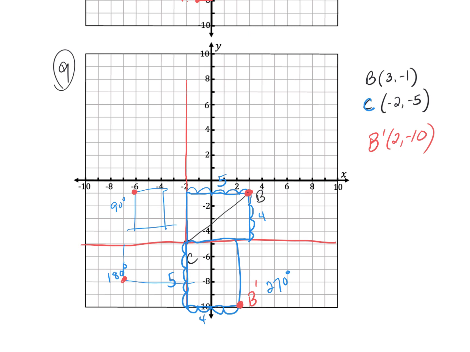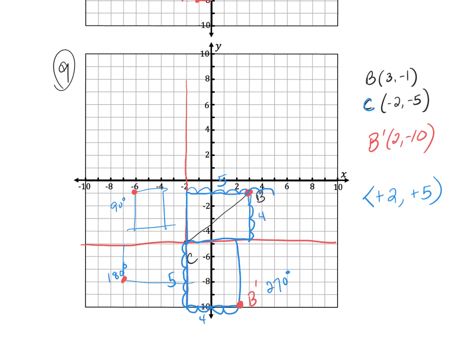And what we have to do is translate point B by (+2, +5).